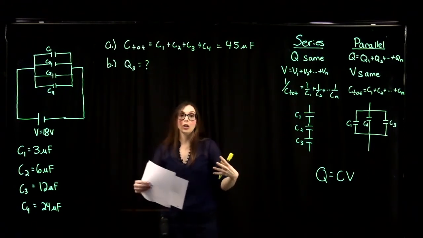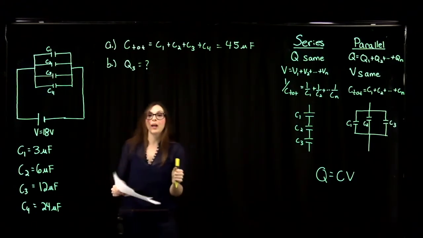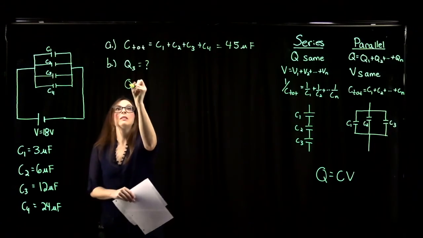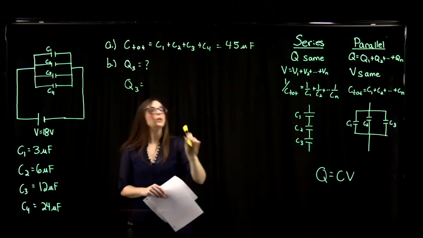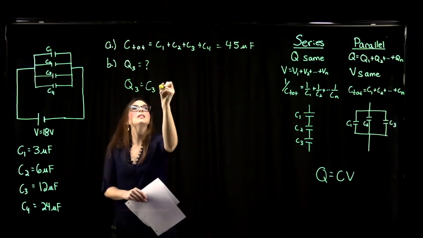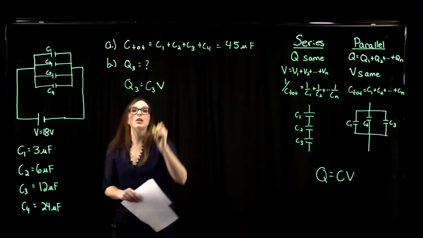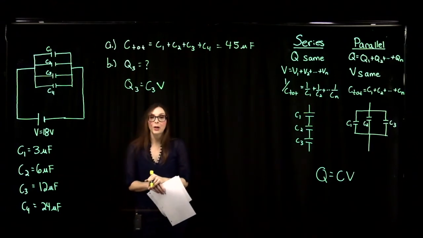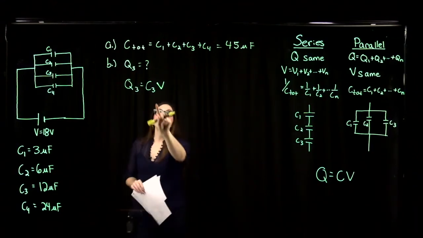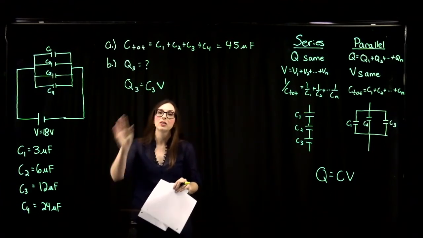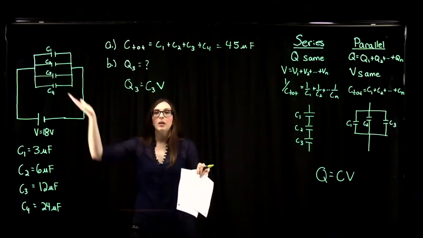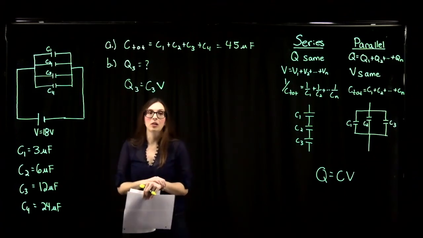To get the charge on our third capacitor, well, that equation is going to be the charge on the capacitor is equal to the capacitance times the potential on that capacitor. So we have to ask ourselves, we know the capacitance of our third capacitor is 12 microfarads, but what is the potential across my third capacitor here?